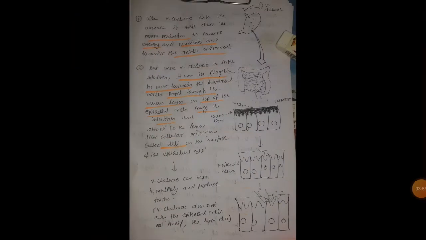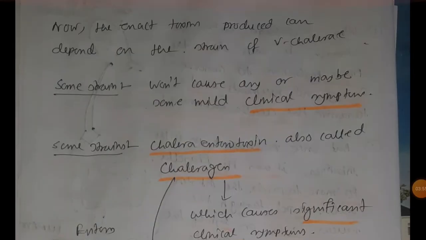Now they can produce toxins depending on their strains. Some strains will produce some types of toxins that do not cause any kind of complication, or in some cases cause mild clinical symptoms.